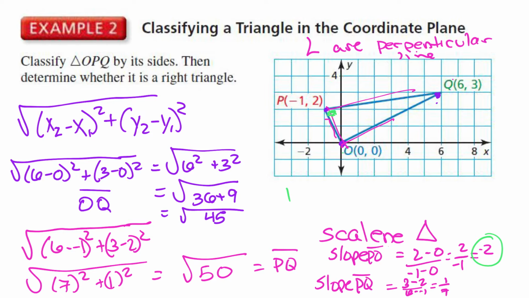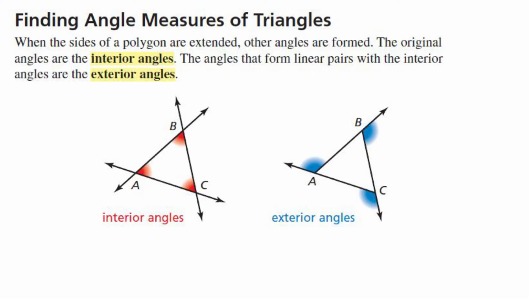So now we need to find the slope of QO, which is equal to 3 minus 0 over 6 minus 0, which is equal to 1 over 2. So 1 over 2 is the opposite reciprocal. So if we write it over here, sorry, the messy, QO is perpendicular to the line PO, which means that this right here is your right angle.